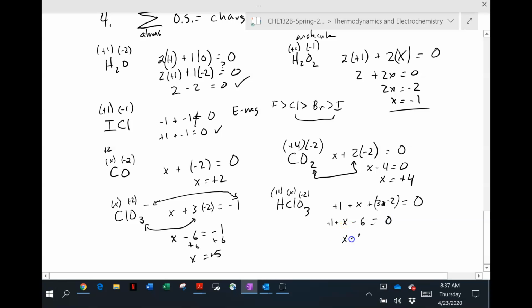So X minus 5 is equal to 0. So X is +5, same oxidation state. Adding that hydrogen ion to it doesn't change the oxidation state of the chlorine in the chlorate.